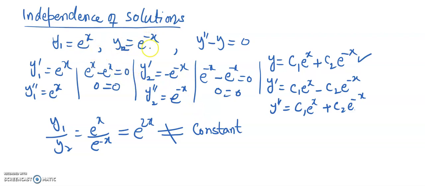So y1 equal to e power x and y2 equal to e power minus x are independent solutions. For independent solutions, the principle of superposition holds.